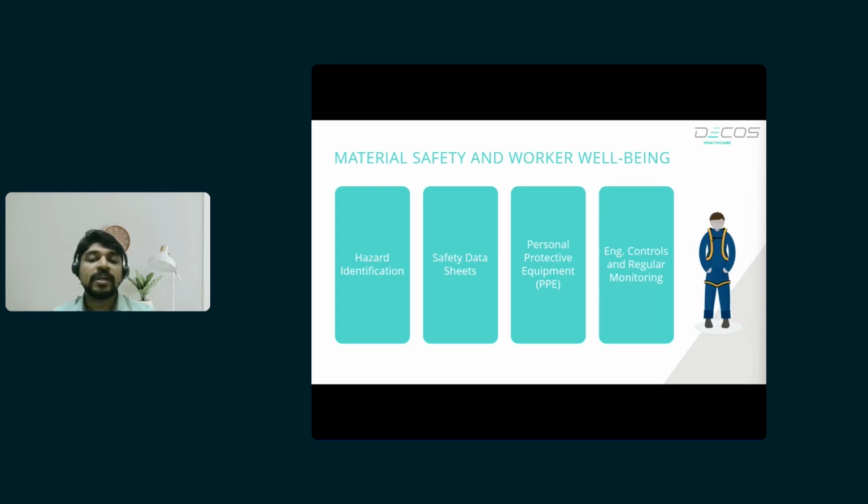So regularly monitoring the work environment for airborne contaminants or other potential hazards associated with materials is very important. Implementing these practices minimizes the risk of accidents and injuries related to exposure to hazardous material.